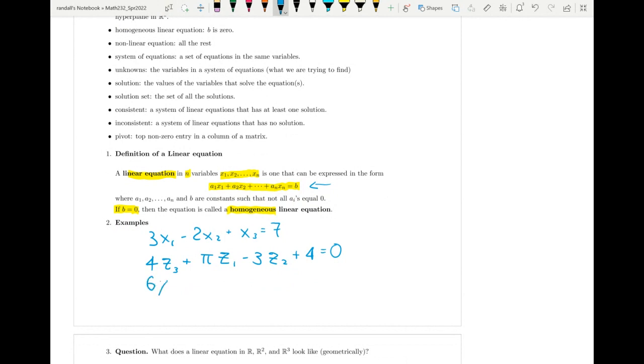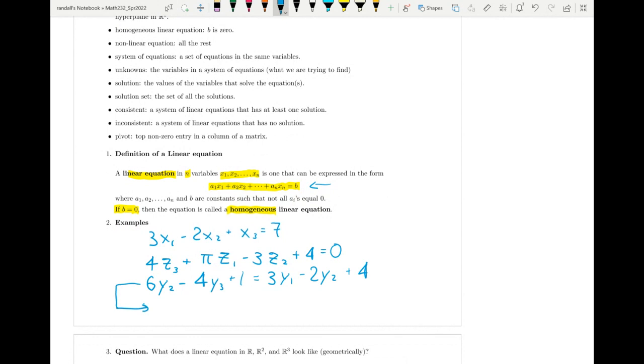Let me give you another example. My variables are now y's in this equation: 6y2 plus 4y3 plus 1 equals 3y1 minus 2y2 plus 4. This is not given in an orderly fashion, so let's rewrite it. I'm going to rewrite it so that I have all the y variables grouped together, and I'll put all the constants onto the right-hand side.